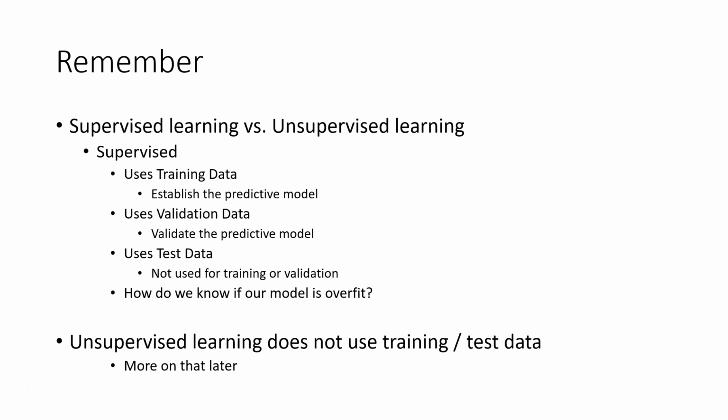We do that in a little bit of a specific way in the sense that we use three types of data. The first type of data that we use is called training data, and that's the data that we actually use to build the model. We might collect a set of data and break it into two parts. We might be 80-20, with 80% being set aside as the training data, and that's what we're going to use to build our model. 20% of that data would then be set aside to validate the model.